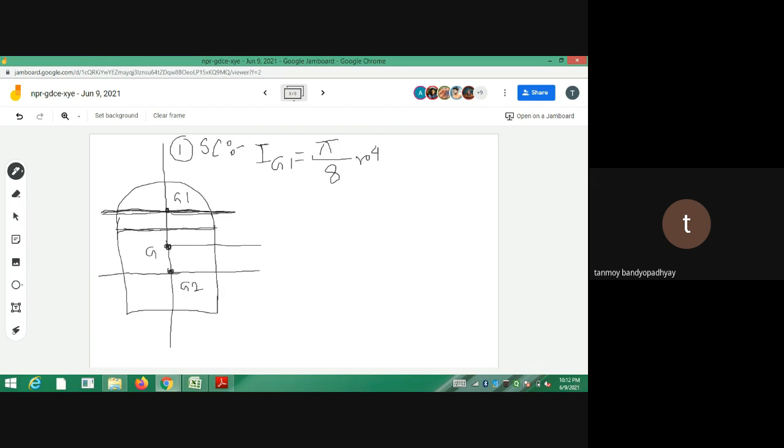You can't memorize it for complex shapes, just for the basic shapes like semicircle, rectangle: bd cube by 12, for a circle it is pi by 4 r to the power 4. These you have to remember, but not the other things. Semicircular is pi r power 4 by 4.